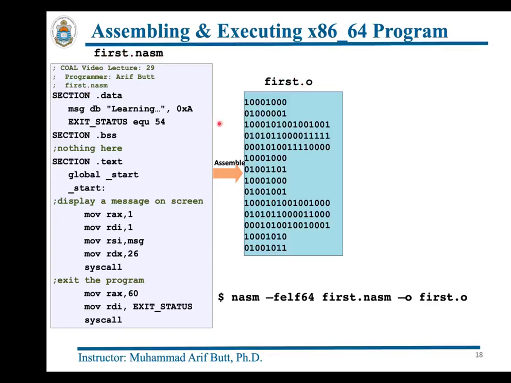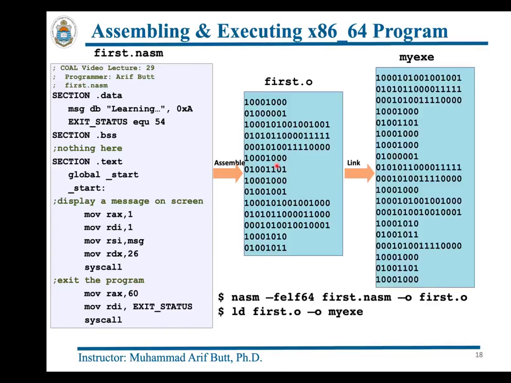Okay, so we have done with the assembling part, and the next task is the object file needs to be linked with the standard C library to make an executable, and this ld is the command that we are going to use for linking. first.o is the file to be linked, and once again -o is the option using which I am giving my final executable a name, that is my.exe.